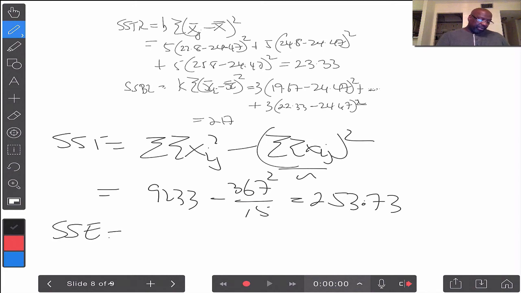SSE would be SST minus, remember I mentioned we would take away the sum of SSTR plus SSBL.